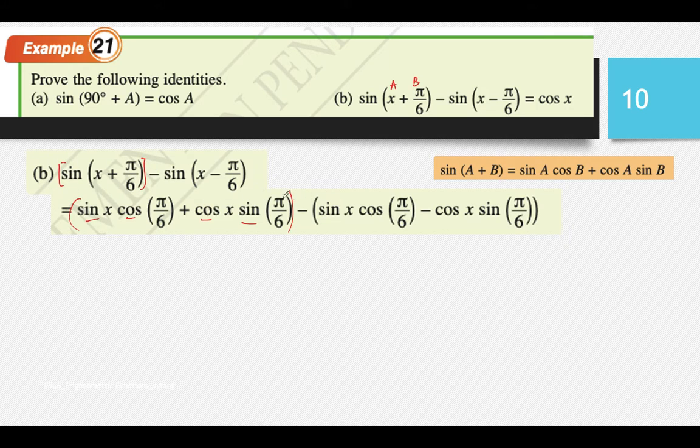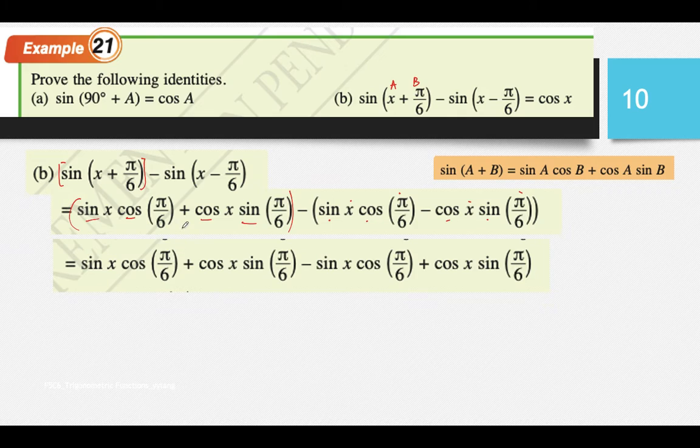Sine cos cos sine. And this one A, B, A, B, A, B. Okay, minus follow minus. And behind here, sine also again. Sine cos cos sine. A, B, A, B, A, B. And here minus, I follow minus. Then bracket. Okay, so here plus follow plus.